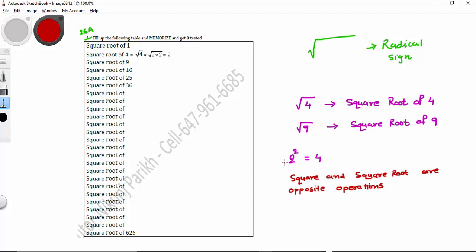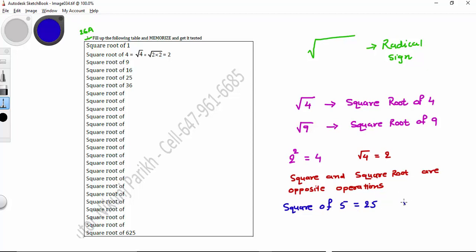Which means square of 2 is 4 and square root of 4 is 2. Get it? So again, square of 5 is equal to 25. Yes?